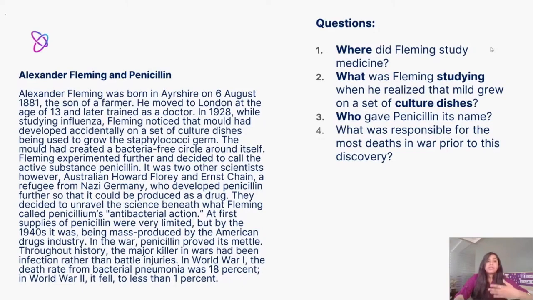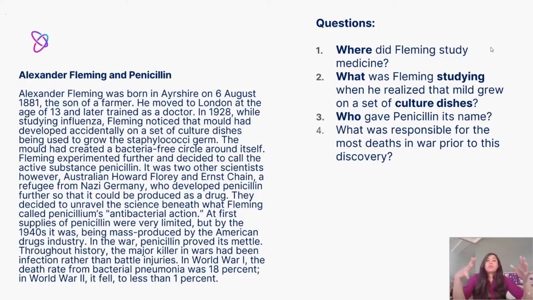At first, supplies of penicillin were very limited, but by the 1940s, it was being mass-produced by the American drugs industry. In the war, penicillin proved its mettle. Throughout history, the major killer in wars had been infection rather than battle injuries. In World War I, the death rate from bacterial pneumonia was 18%. In World War II, it fell to less than 1%.